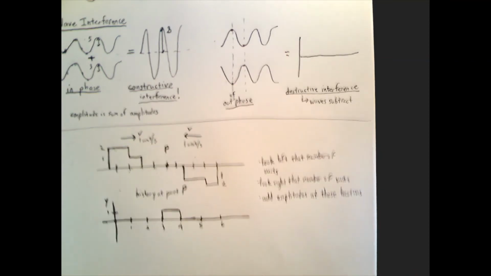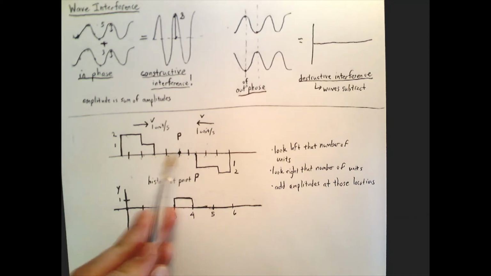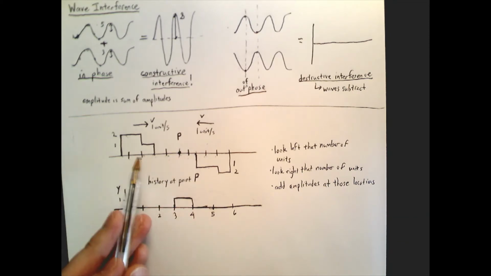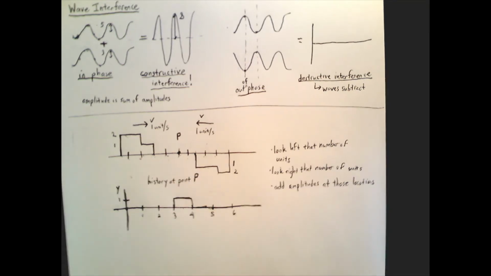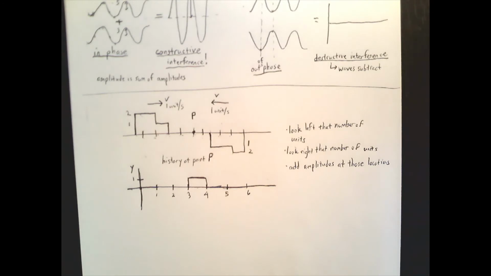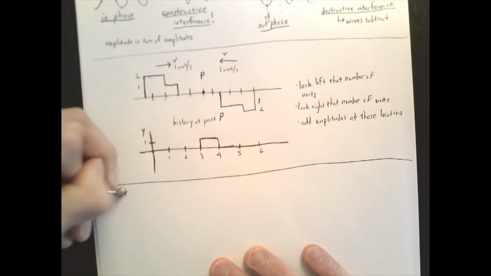So that's just one example you'll see here. All we do is we figure out how far away that point is. At that point in time, we add up the respective amplitudes of each form. So that's wave interference. What really makes wave interference interesting is this idea of standing waves.